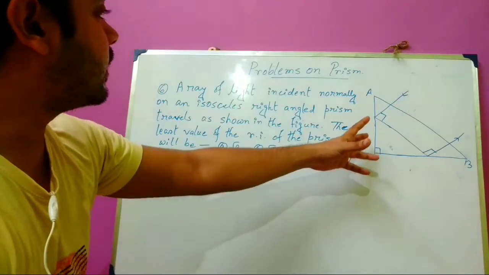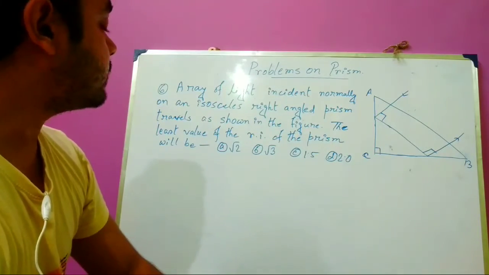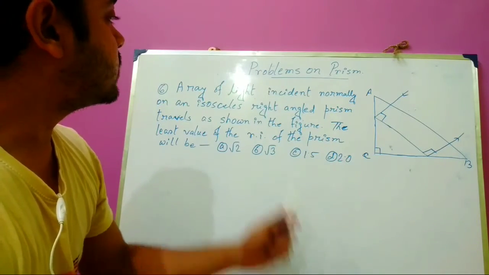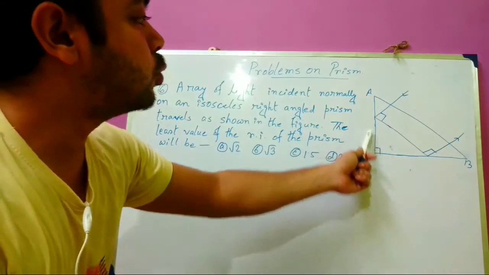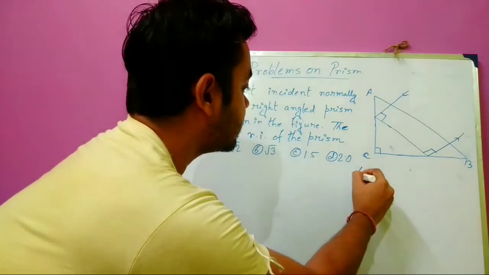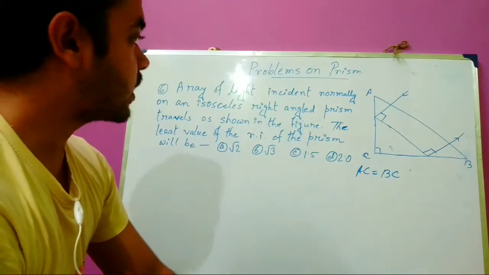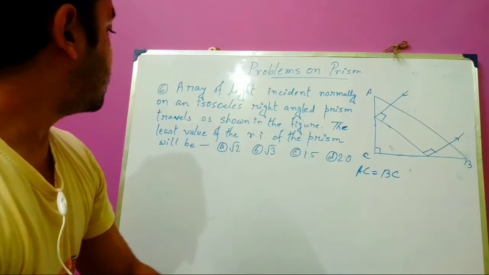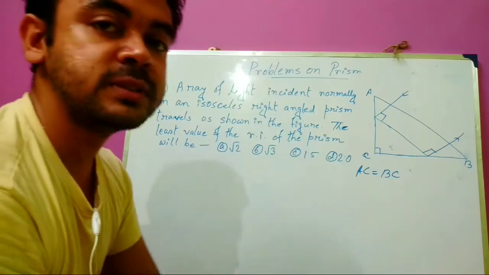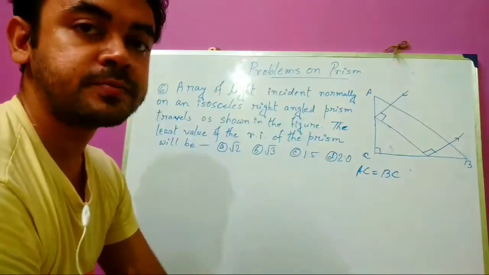This is an isosceles right angled prism. Isosceles means the two sides of this prism are equal, that is, in this case, AC equal to BC. The least value of the refractive index of the prism is asked in the question. This is the incident ray.